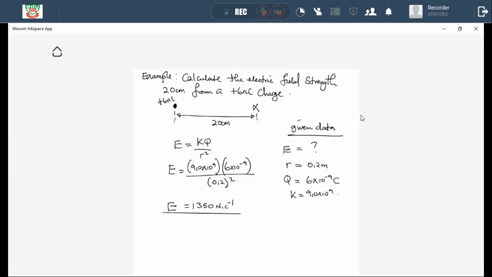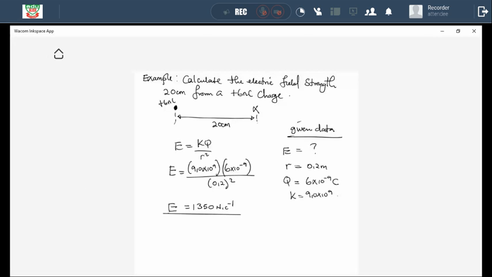What is the electric field pattern of a positive charge? What is the electric field pattern of a negative charge? What is the electric field pattern of a positive charge and a positive charge, a negative charge and a negative charge? What is the electric field pattern of a negative and a positive? That is very important for us to know.